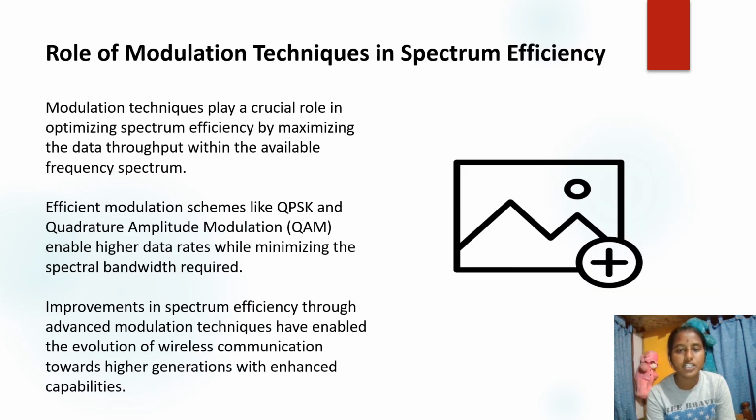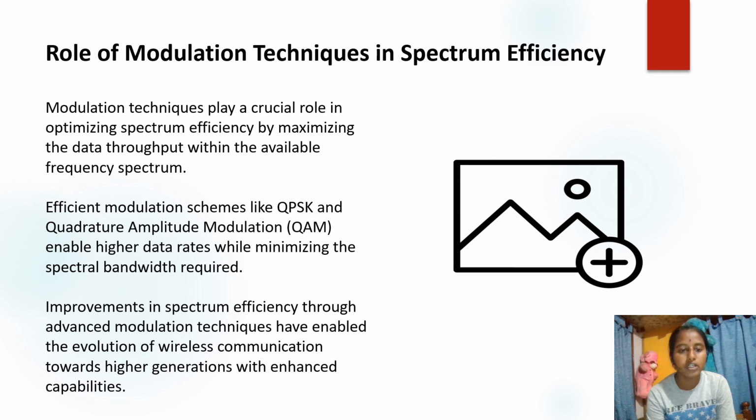Role of modulation techniques in spectrum efficiency. Modulation techniques play a crucial role in optimizing spectrum efficiency by maximizing the data throughput within the available frequency spectrum. Efficient modulation schemes like QPSK and quadrature amplitude modulation.